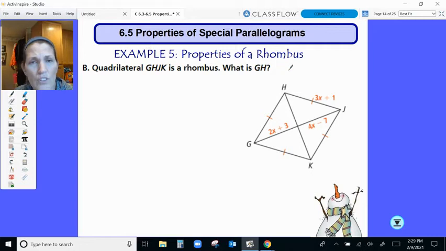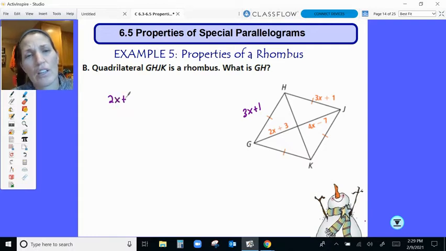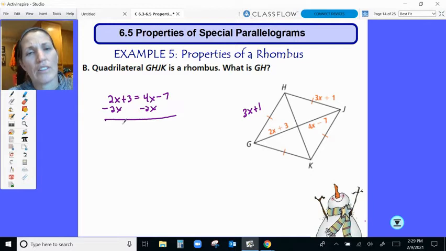Okay, so here's a quadrilateral. It's a rhombus. What is GH? So the length right here. First of all, we have to find out what x is. I know that GH is also 3x plus 1, because they're equal. I know that these two are equal because they're diagonals that bisect each other. So 2x plus 3 equals 4x minus 7. So I'm going to subtract 2x from both sides. So 3 equals 2x minus 7.